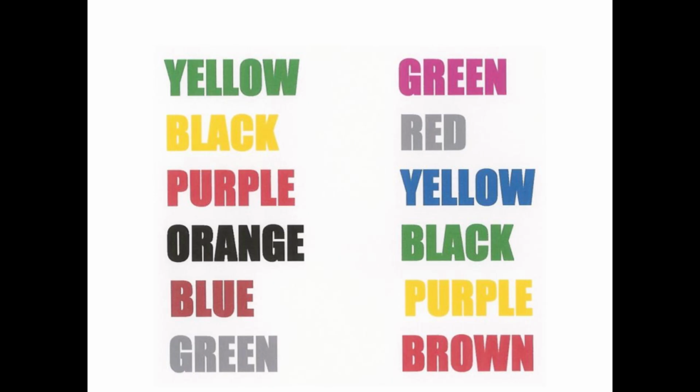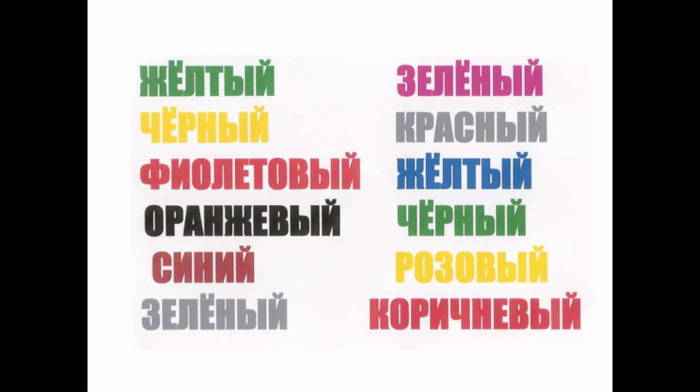It is difficult, isn't it? Because we are not literal. We see words, but not the colors. But if I give you this list of words, it is much easier, isn't it? Because if we don't understand words, we can read the colors easily, right? So this is literal perception.